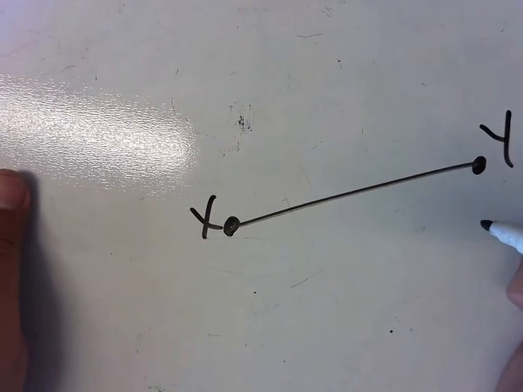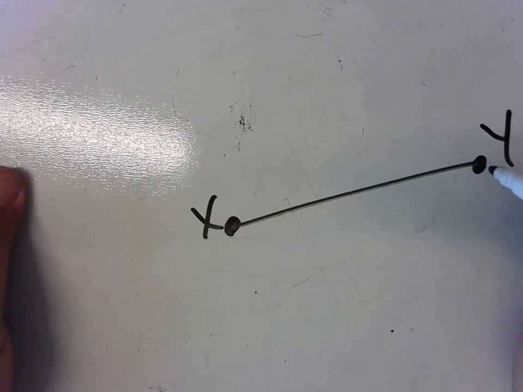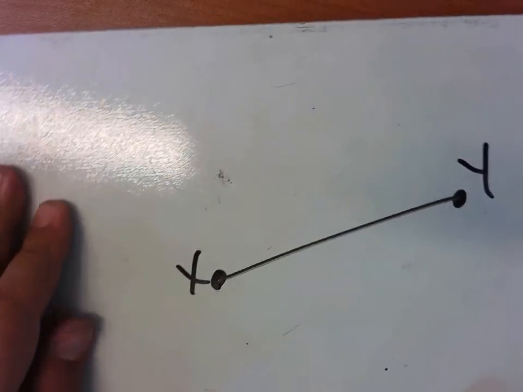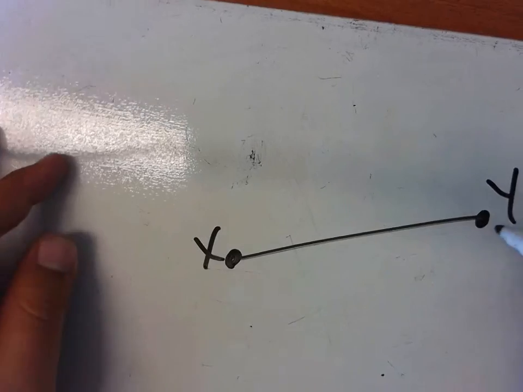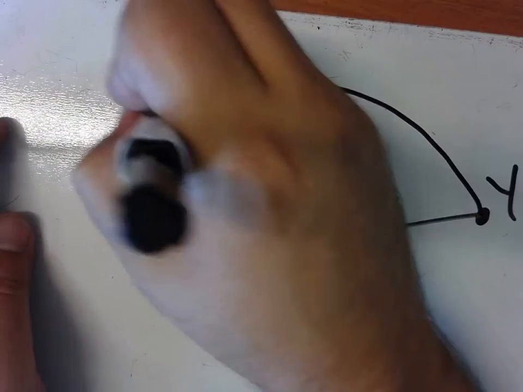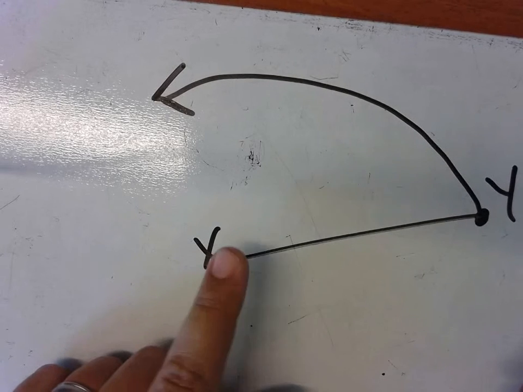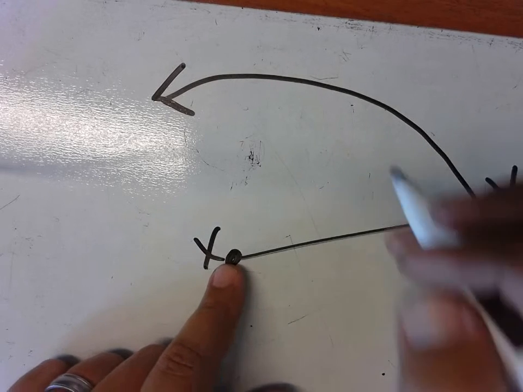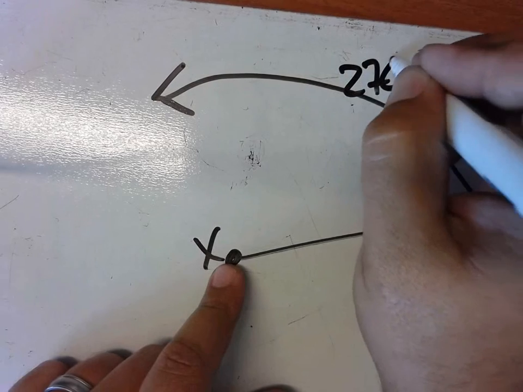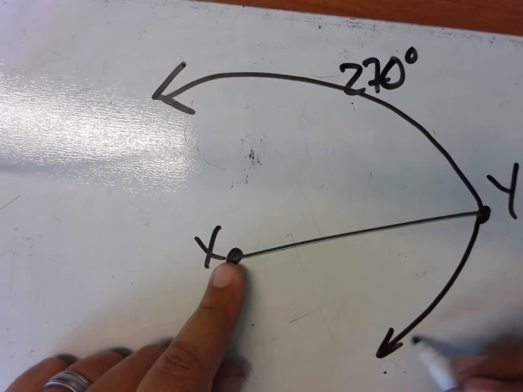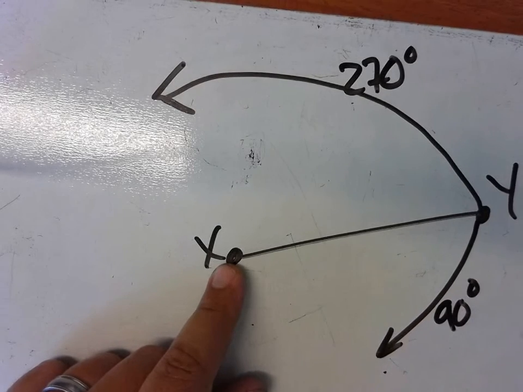You're going to rotate it counterclockwise 270 degrees about point x, which means x isn't going to move. This whole thing is going to rotate in this direction 270 degrees without this moving. About point x. There's your center of rotation. 270 degrees one direction is the same thing as 90 degrees the opposite direction.